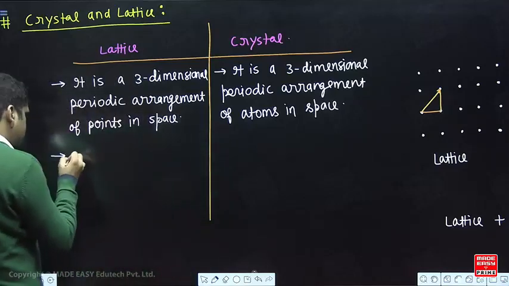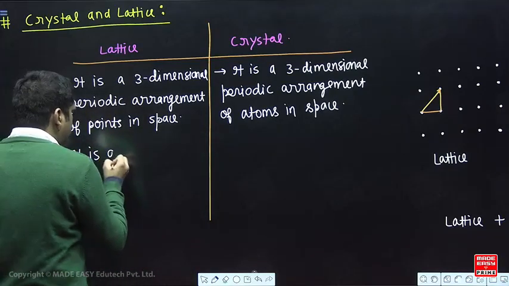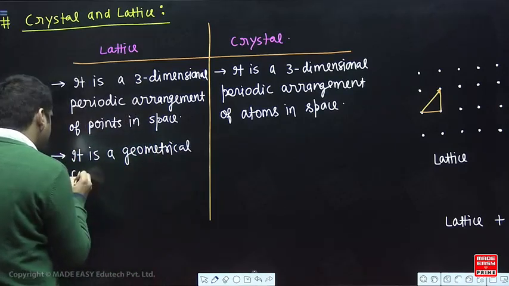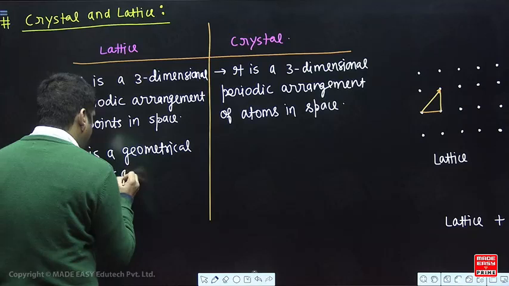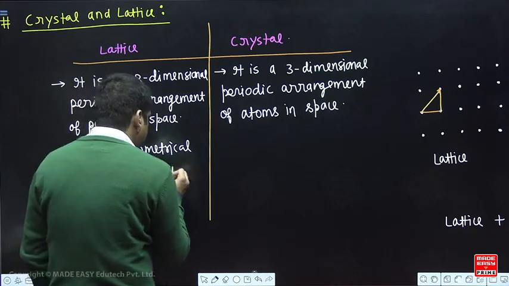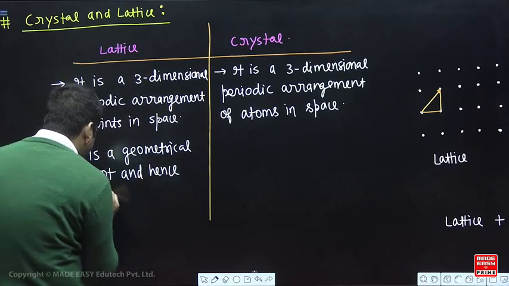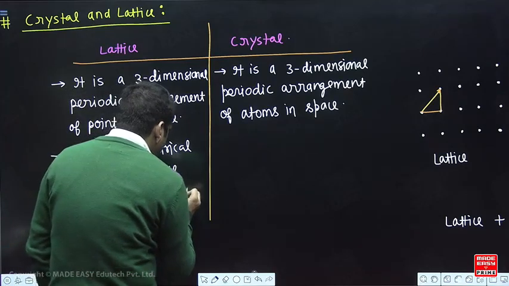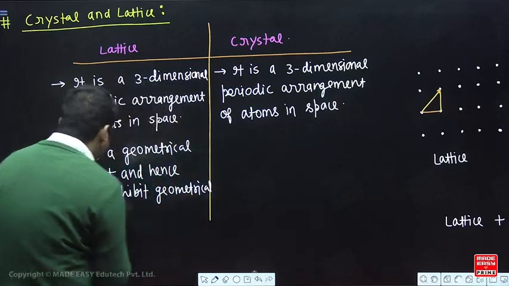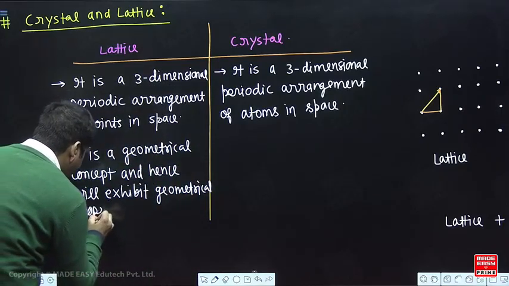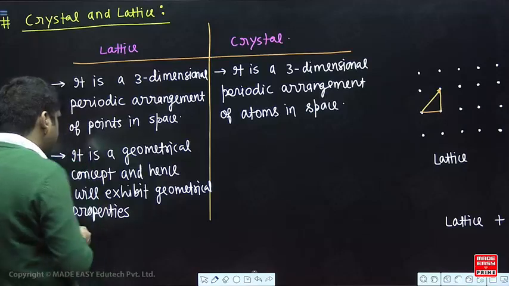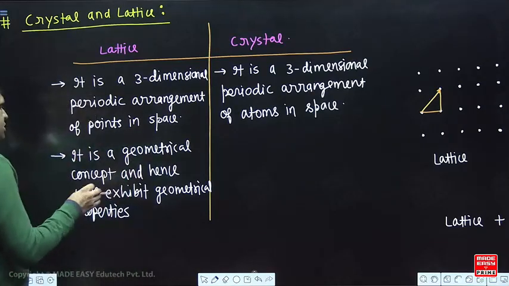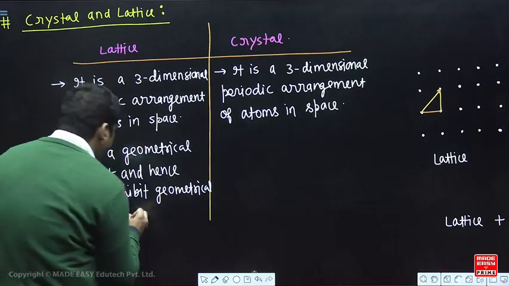Lattice is a geometrical concept, and hence will exhibit geometrical properties, like if you connect 2 points, it will become a line. If you connect 3 points, it will become a triangle. 4 points, a square or rectangle, like that. It is a geometrical concept and hence will exhibit geometrical properties only.